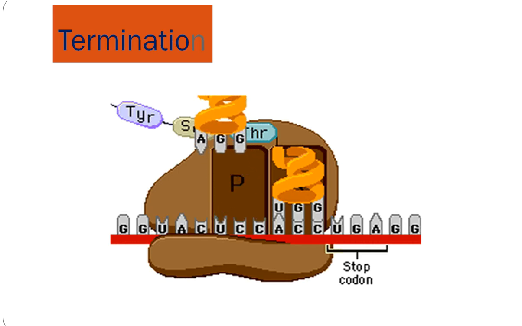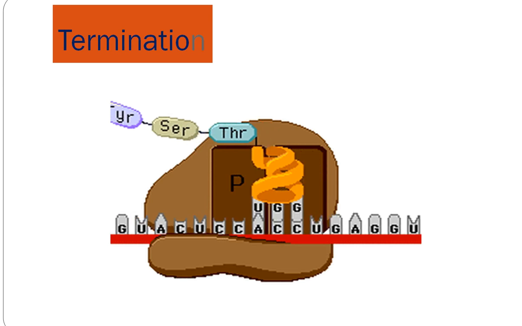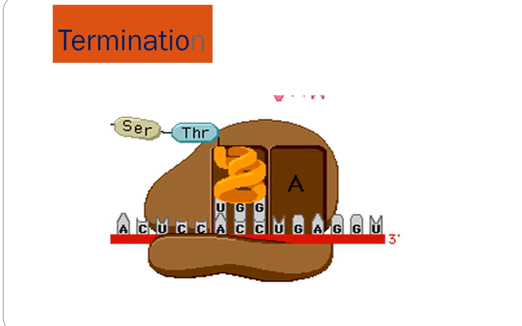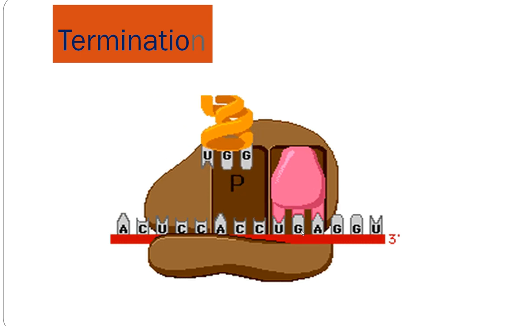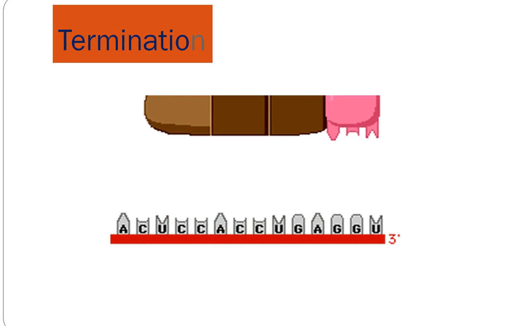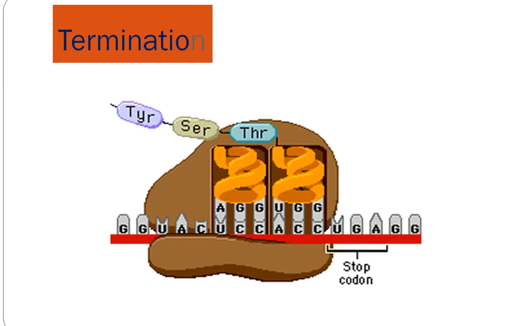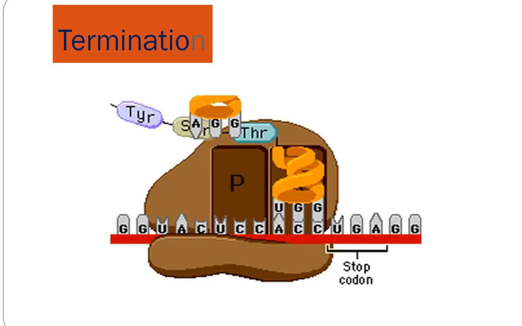Now, after elongation, the third stage is termination. This elongation continues until a stop codon is encountered. There are three stop codons, UAG, UAA and UGA.